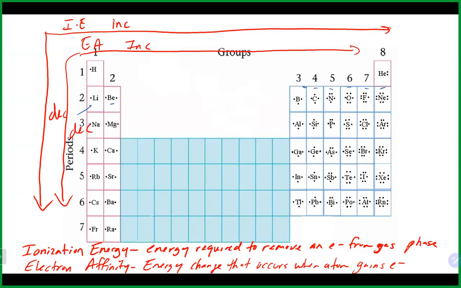Another important trend, and we'll talk a lot about it in this chapter, is electronegativity, which is different than electron affinity. Electronegativity is the ability of an atom to bring electrons towards itself.